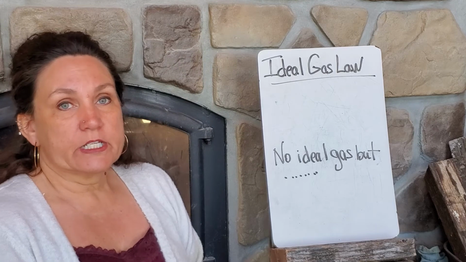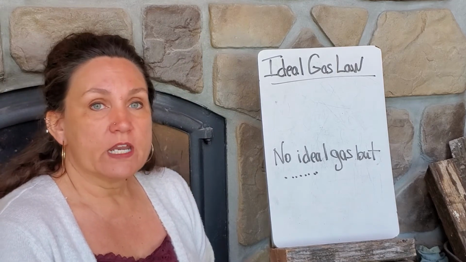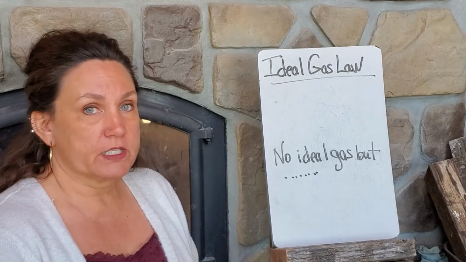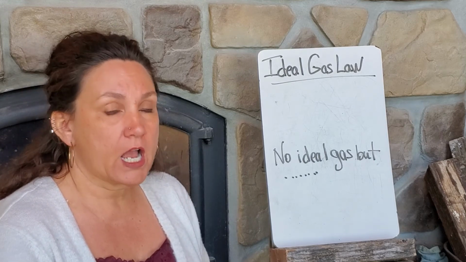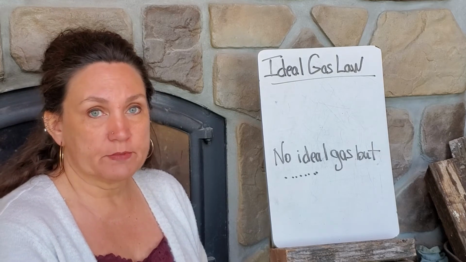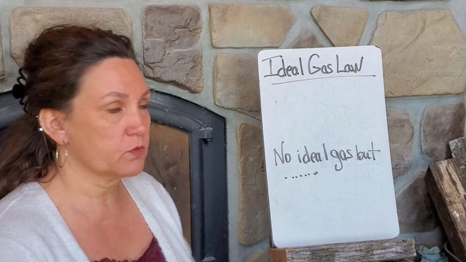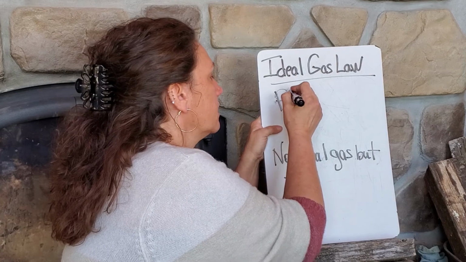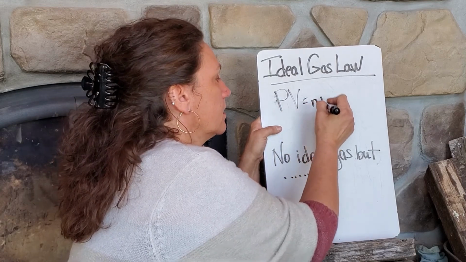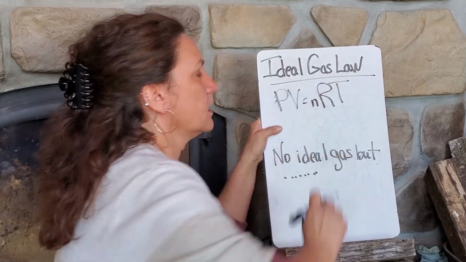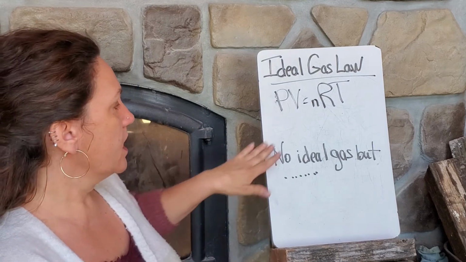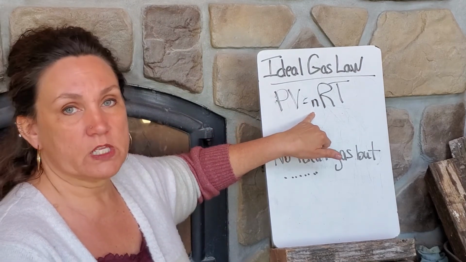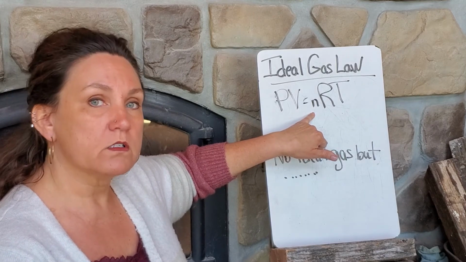Which brings us then to the ideal gas law. So the ideal gas law actually includes Avogadro's principle in it. And I'm not going to ask you to work any types of calculations with this since we're not at school, but it is PV equals nRT. So pressure times volume equals n, that has to do with the number of moles of gas.